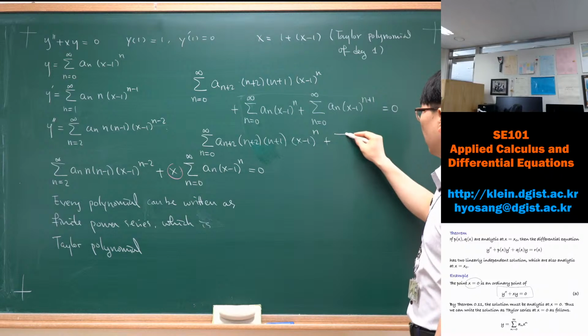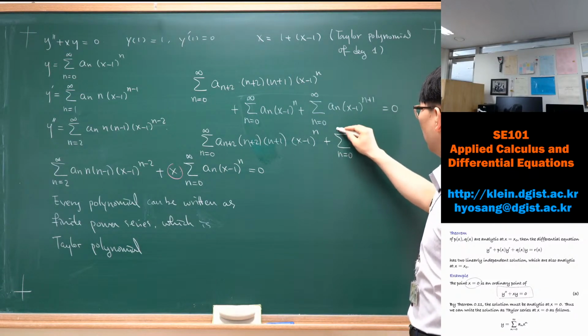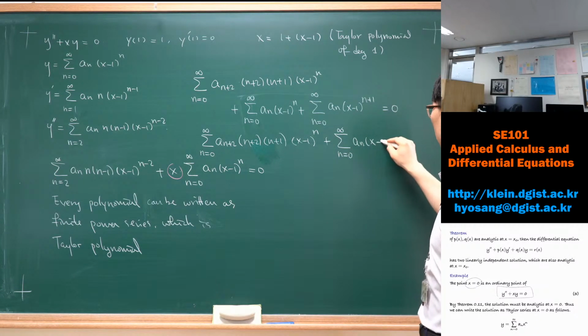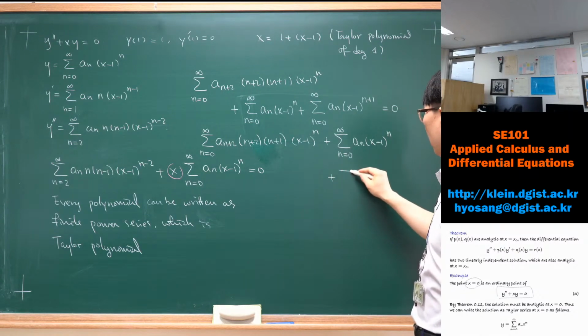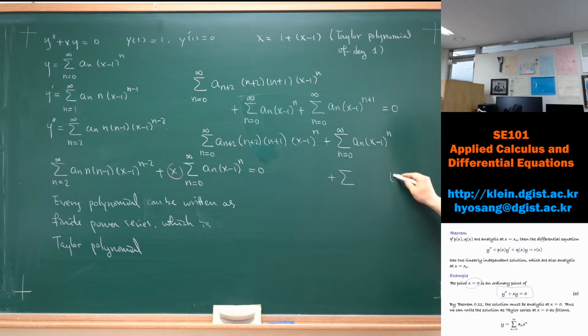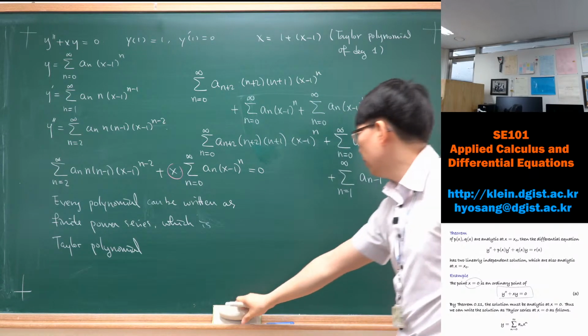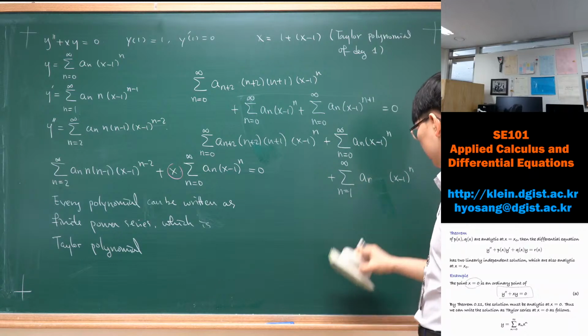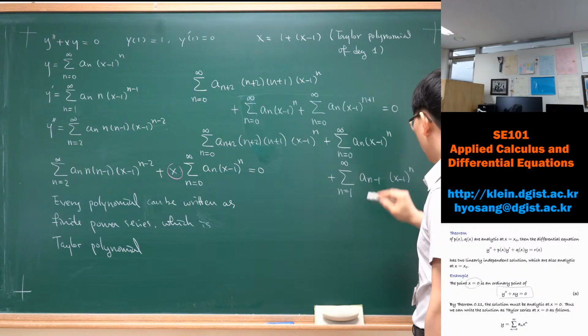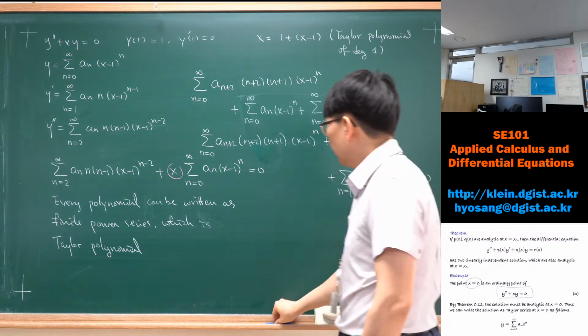And I write the second one again: the sum from n equals 0 to infinity of a_n times x minus 1 to the power of n. And then for the last one, if I write my exponent as n, now n starts from 1 instead of 0, because I'm replacing n plus 1 with n, so n becomes n minus 1. So this is our formula, a_(n-1) times x minus 1 to the power of n, equals 0.